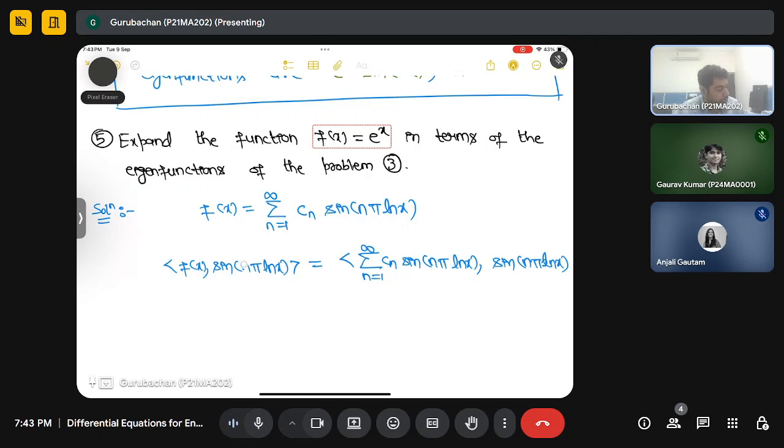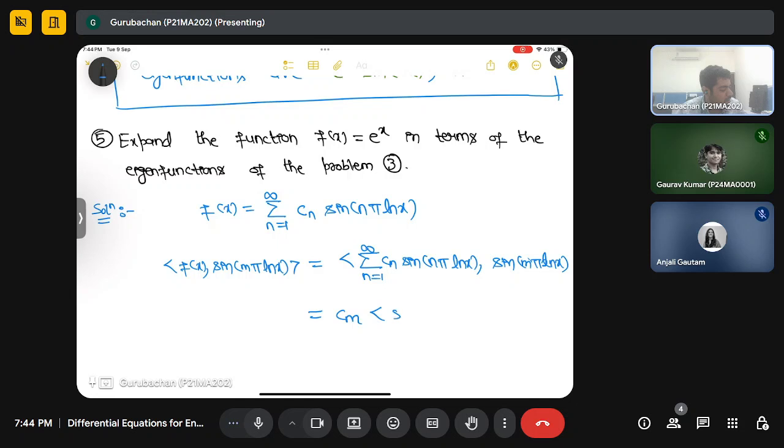Since we are using the index n there, here we will put m. If you remember from the class, the inner product of sine with sine is 0 for different n and m. So this will be nonzero only when n equals m, otherwise it will be 0.